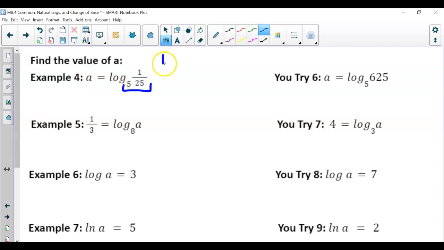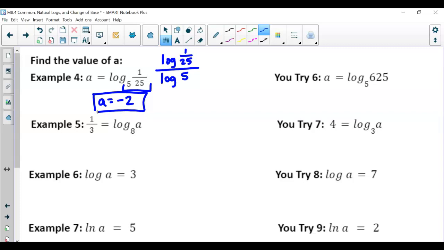We can set this up as log of 1 over 25 divided by log of 5. Using the change of base formula, you end up with a equal to -2, which is just practicing putting it in the calculator. Go ahead and pause the video and try you try 6 on your own.